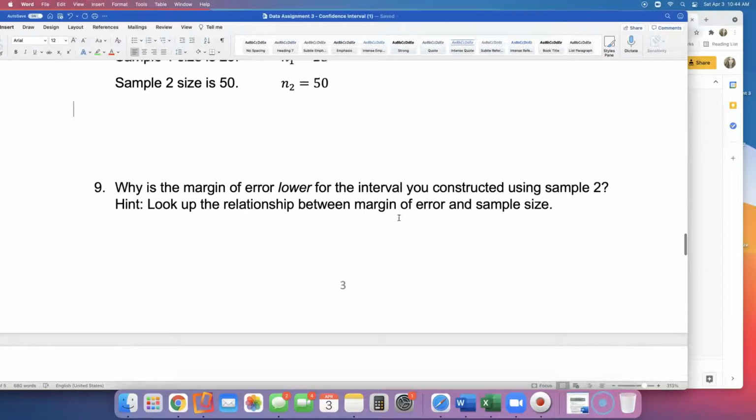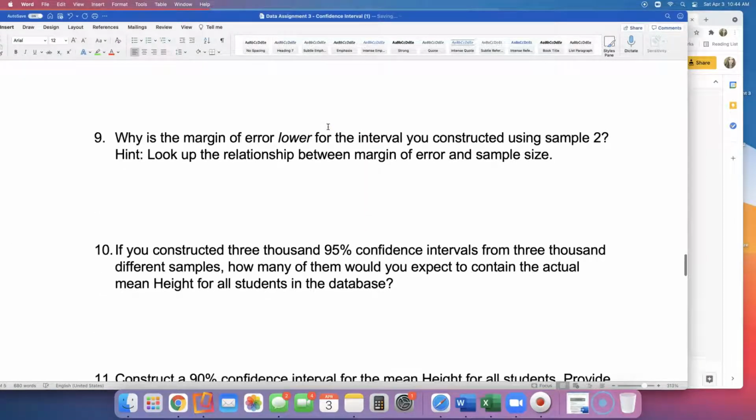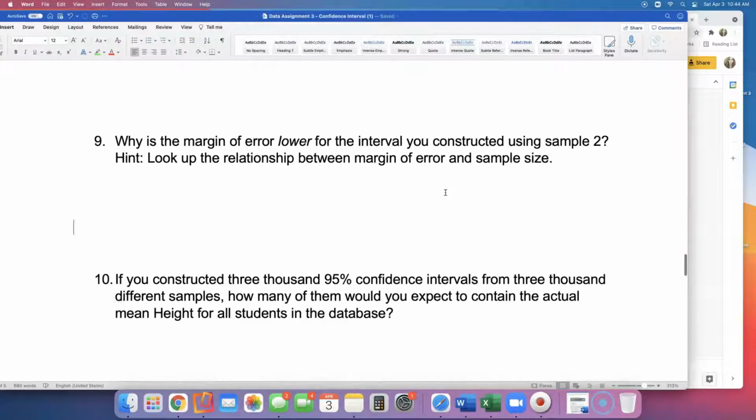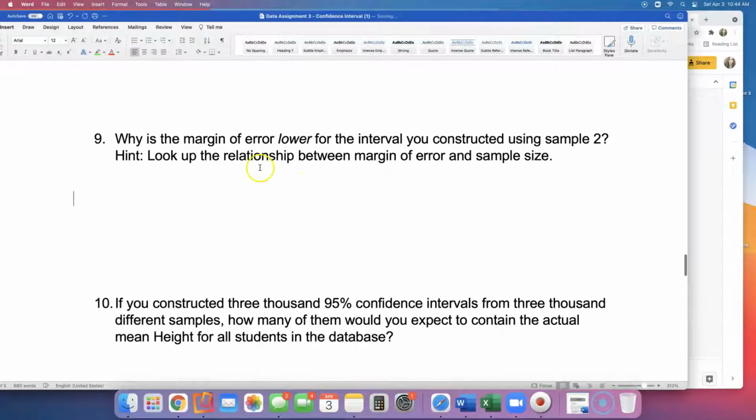Alrighty. Why is the margin of error lower? Hold on. Why is the margin of error lower for the interval you constructed using sample 2? Let's go grab those margins of error, okay? Because I really want to see if it was actually lower.